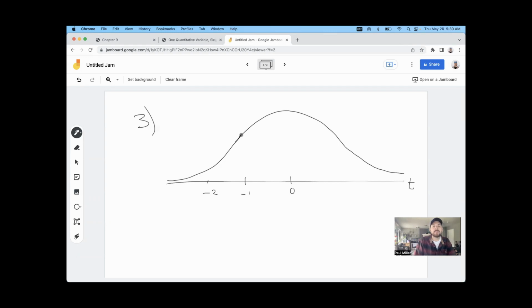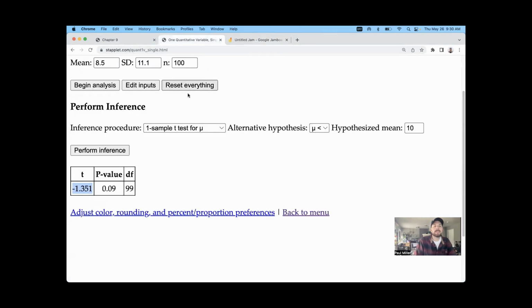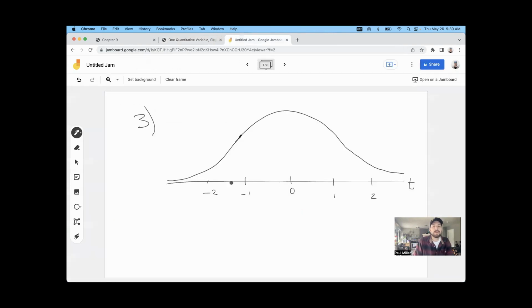That's the inflection point where it's a little bit flat there. There's one, there's two. So this is why we really like to standardize things, because then we don't need to think about putting a 10 in the middle and figuring out where an 8.5 would need to land here. Now it's very easy. We just go 1.351 tick marks over. So a little over 1 1/3. So there's the first one, and then about 1/3 means my sample lands about here.